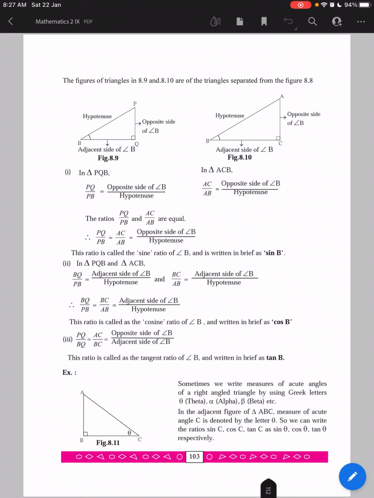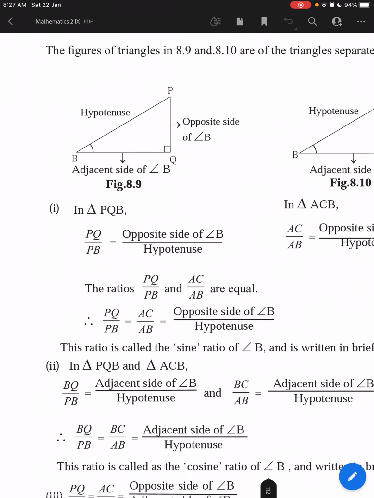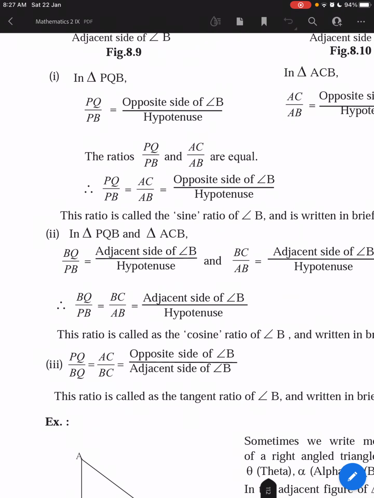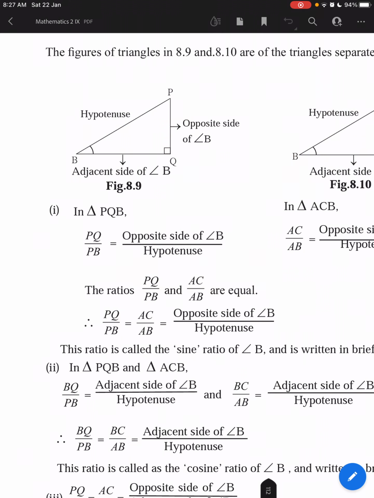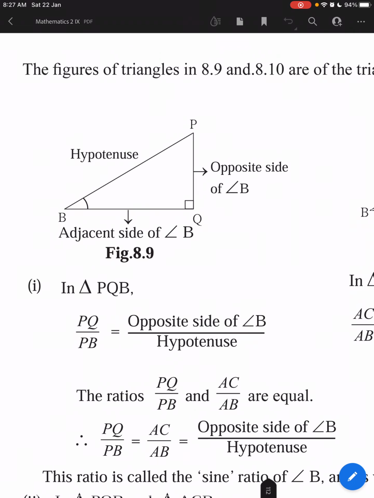Now, after revising the introduction of trigonometry, at the end we studied the definition of three trigonometric ratios. You are observing two diagrams on page number 103. Figure 8.9, the first diagram, you have triangle PQB in your textbook.